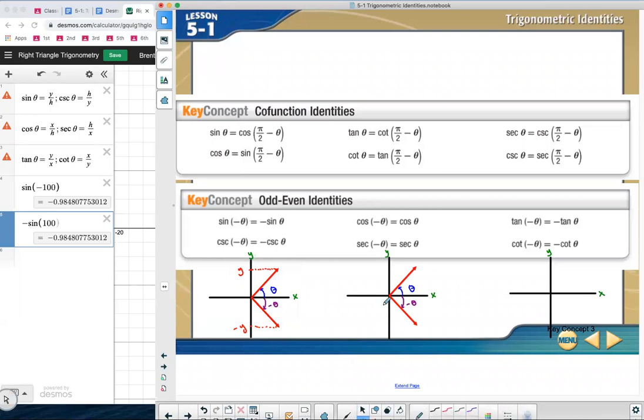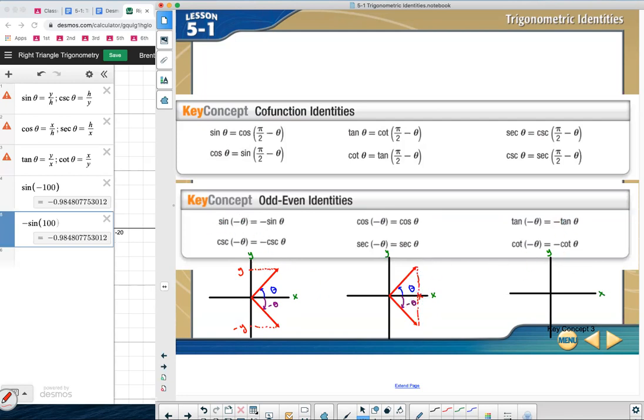So notice, no matter if the angle is positive or negative, you're getting the same value of x regardless, a positive x. So the negative is irrelevant with cosine. It's even, so it doesn't matter if your angle is negative or positive, you'll still get the same solution either way, because it'll produce the same x value.